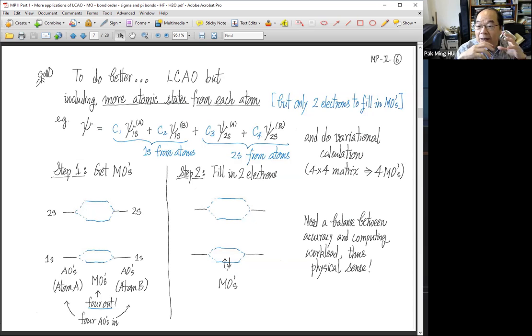And then you might have learned in your chemistry course before, there are things called single bond, double bond, triple bond. So here we can define the so-called bond order within quantum mechanics and LCAO. It is a proper definition.